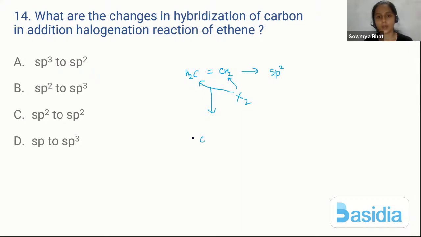So the compound becomes CH2X-CH2X. The double bond has been converted to a single bond. Whenever there is a single bond, we know that the hybridization of carbon is sp3. So the correct answer would be sp2 to sp3, option B.